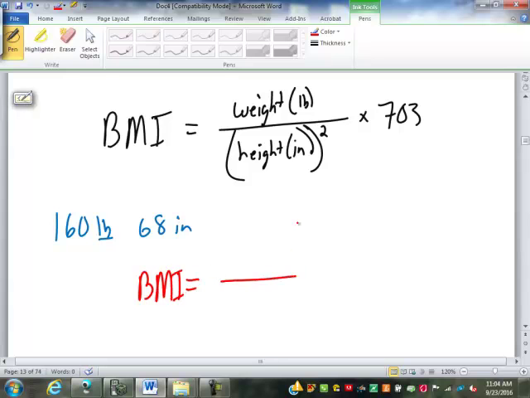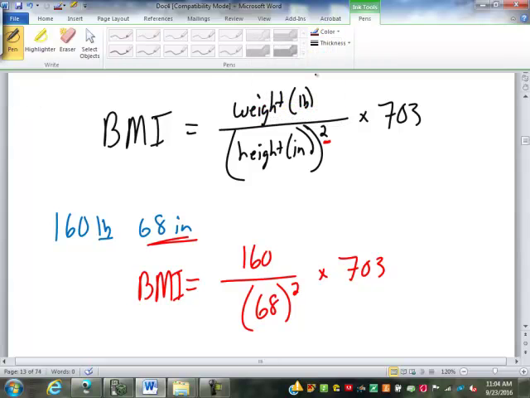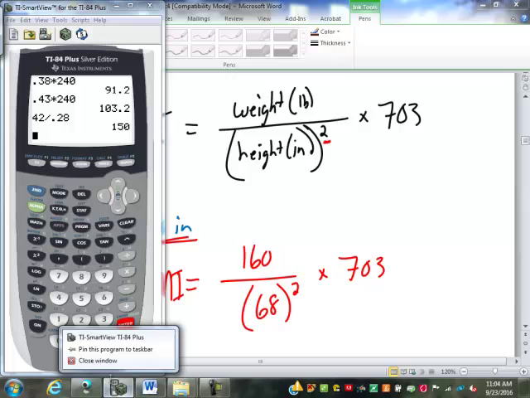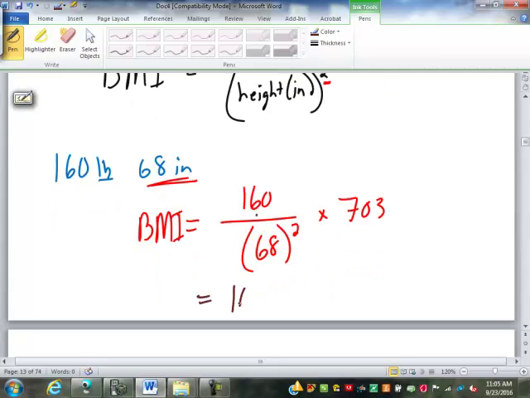So for the weight, we can put in the 160. That's already in pounds. The height, well, I gave you the height in inches, so I don't have to convert feet to inches. So that's 68. I have to remember that's got to be squared times 703. This is a formula where we can actually just enter all this in the calculator in one single line. Because there's only really one piece on top and one piece on bottom of the fraction, I can enter it as 160 divided by 68 squared times 703, instead of having it as a fraction.